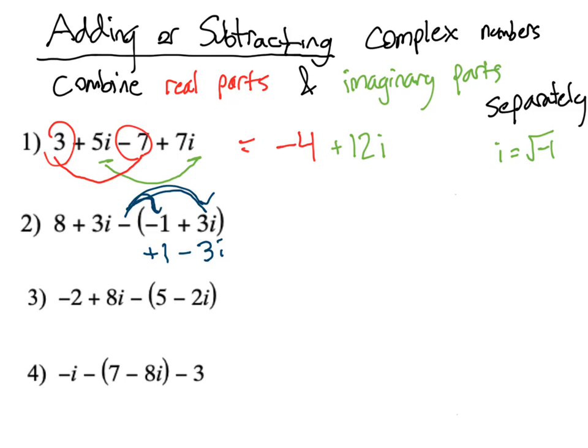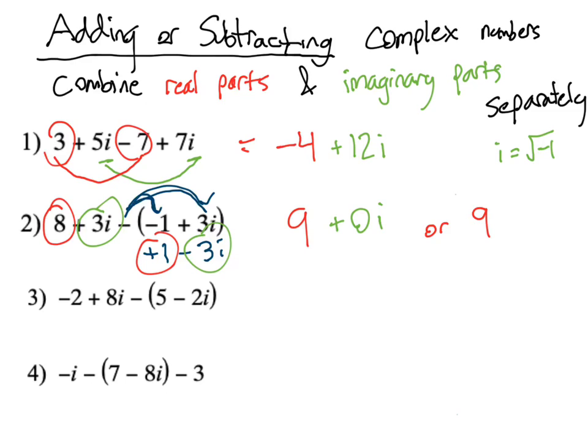Then after that, we can combine the like terms. So if we combine together these imaginary components, +3i and -3i cancel out. If we combine together the real components, 8 and +1, that gives us the real component +9. And another way that we could write 9 plus 0i is just +9.